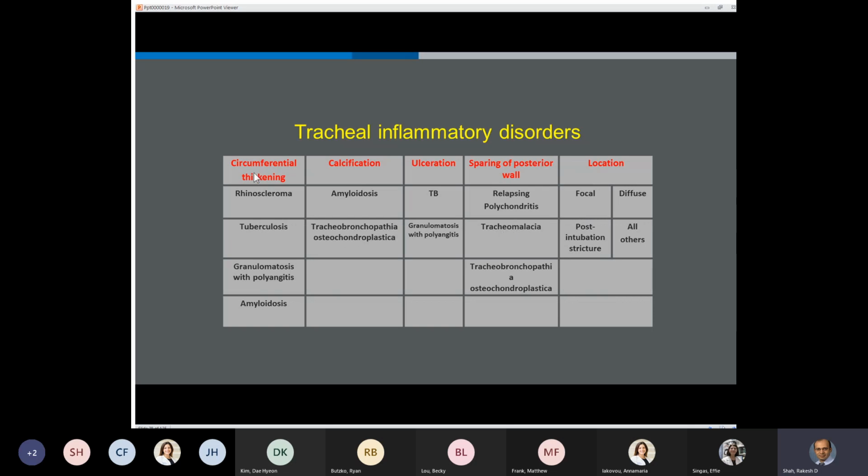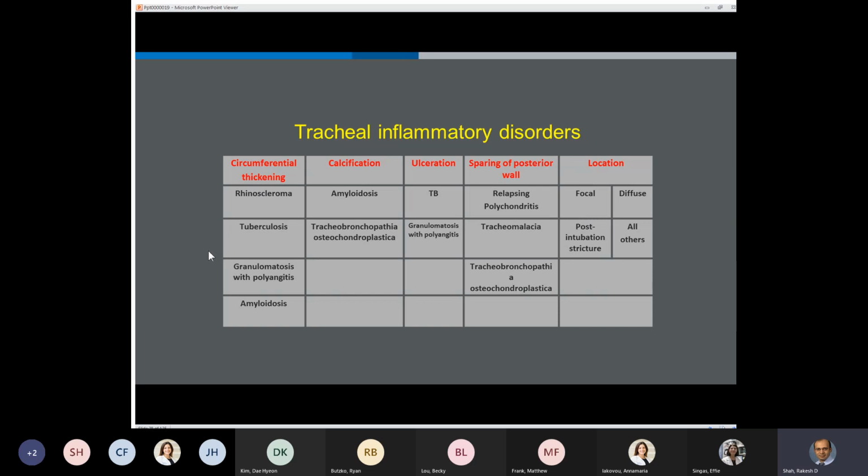If it is circumferential, then the disease can be broken down into 3 categories. One is infection. And the classic example of infection is bacterial rhinoscleroma, TB. Fungal are very rare.